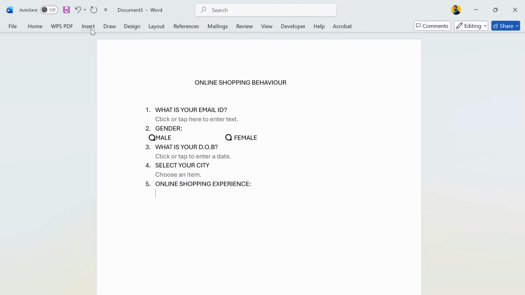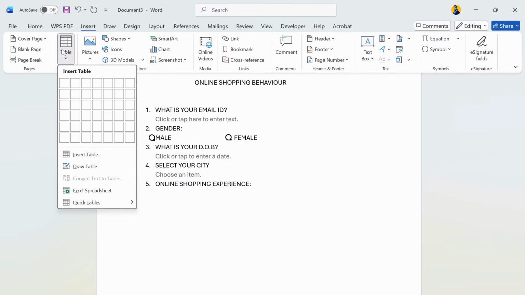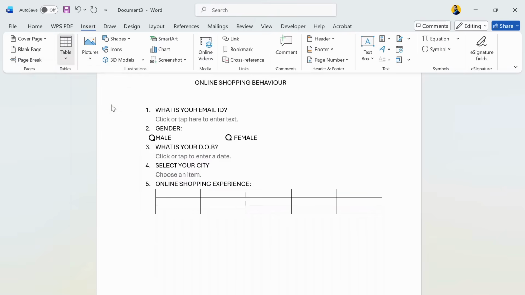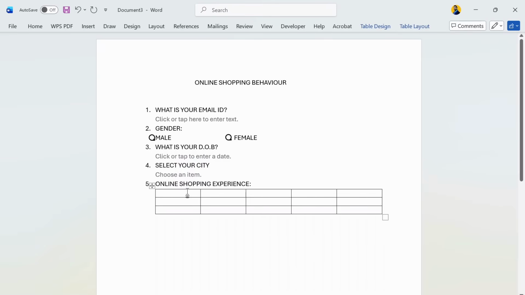So first, I will go to the insert tab. I will use a table, depending upon how much time you have left within your examination hall. So keeping the same, just select the scenario. I have taken this for. Here I will write down these statements.